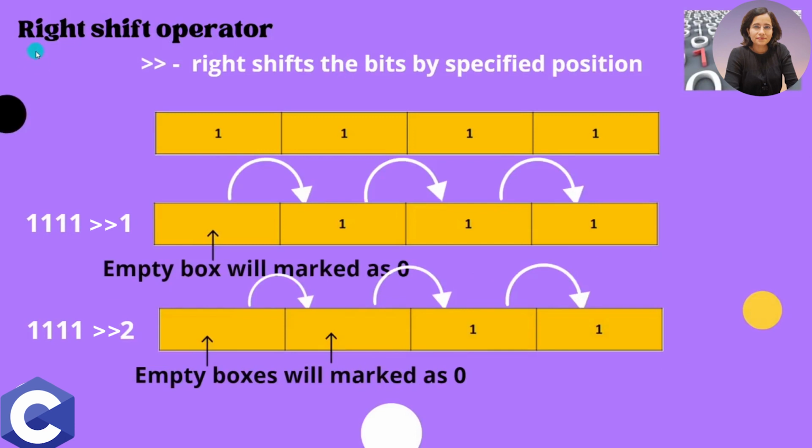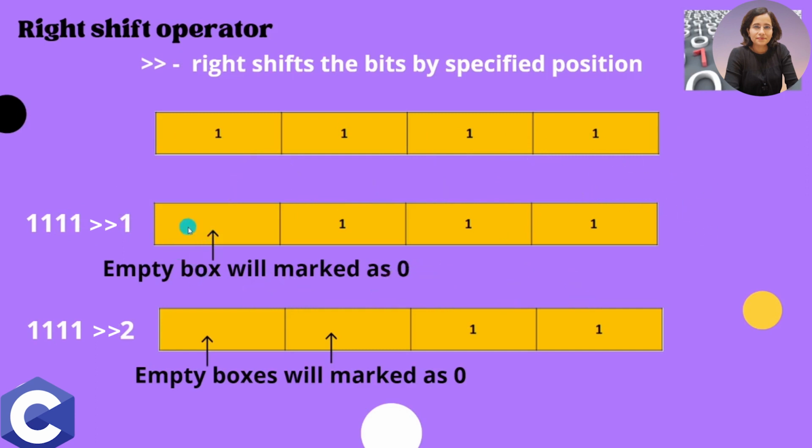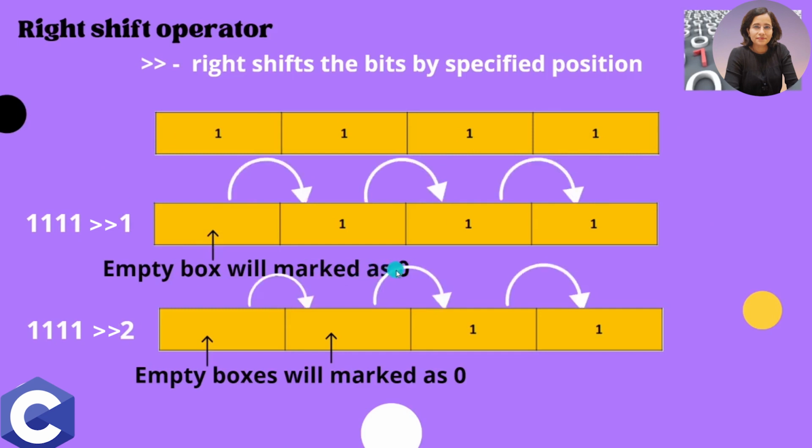Next, we will try to understand how the right shift operator works. The right shift operator shifts the bits to the right side by the specified position. So let's take the same example. We have to shift by one position, so the bits will shift to the right side by one position, keeping one box empty that we will mark as 0.